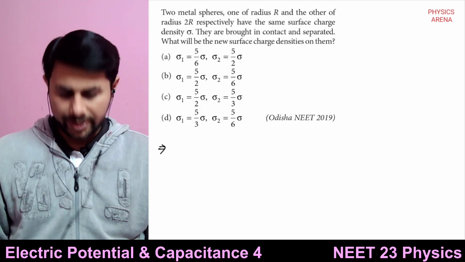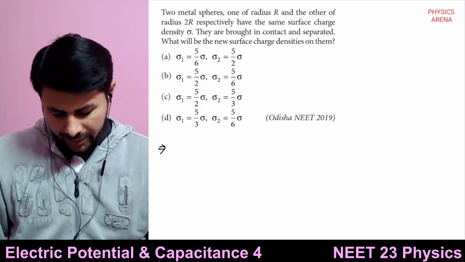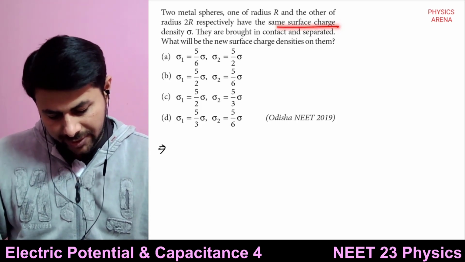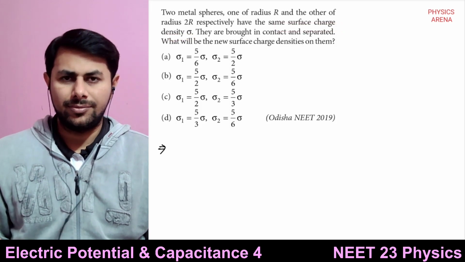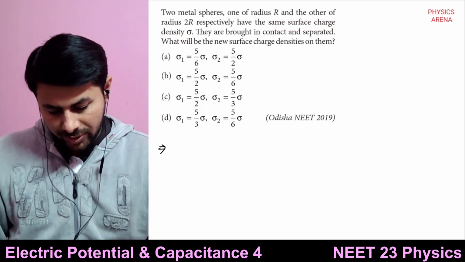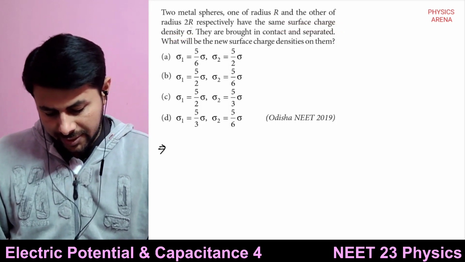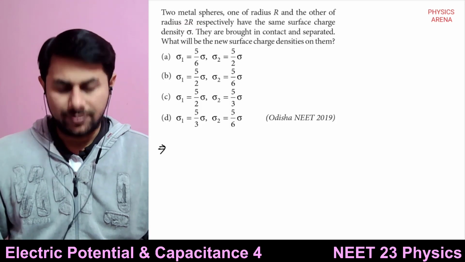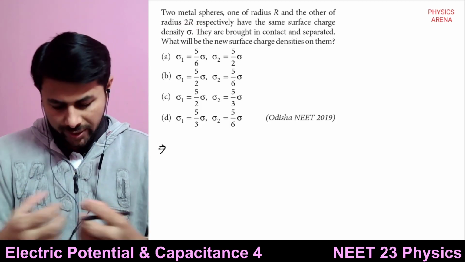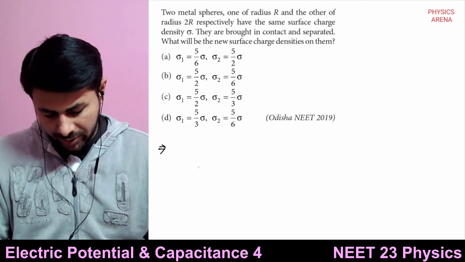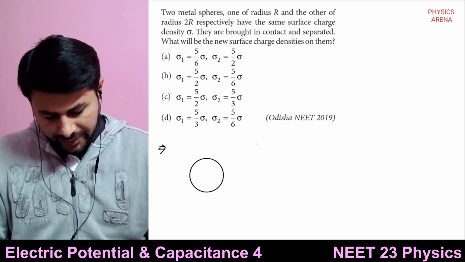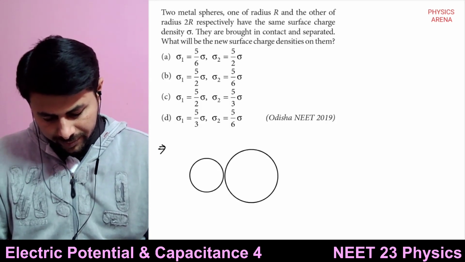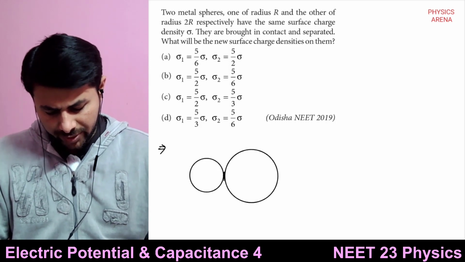So you have two metal spheres and they have the same surface charge density sigma. But the radius of the first one is r and the radius of the other one is 2r. They are brought in contact and separated.